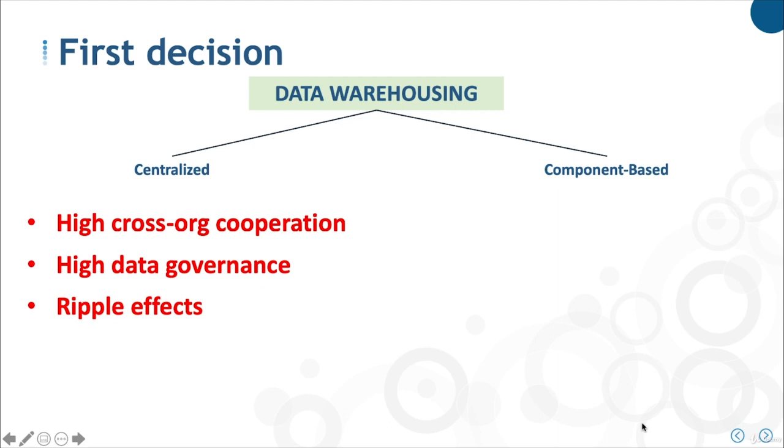And also, there's a lot of ripple effects when you have a centralized environment. You make some small changes, and it typically will affect other portions of your overall environment. Or if you make changes in your source systems by adding, let's say, a new application, that could ripple into the entire data warehousing environment rather than just a single piece of it.